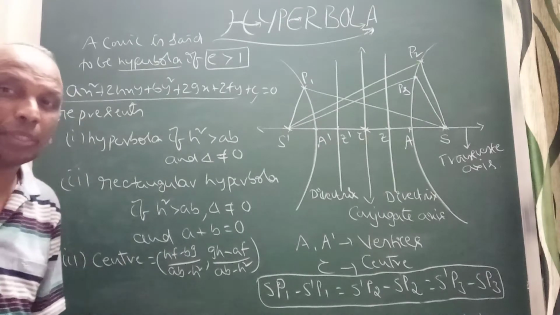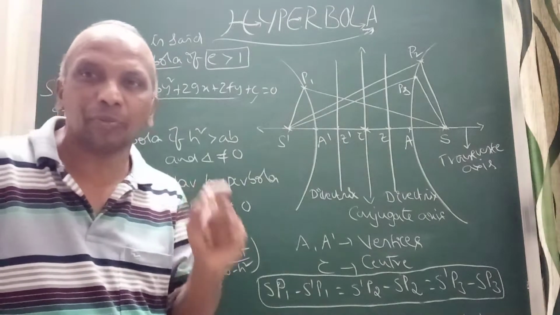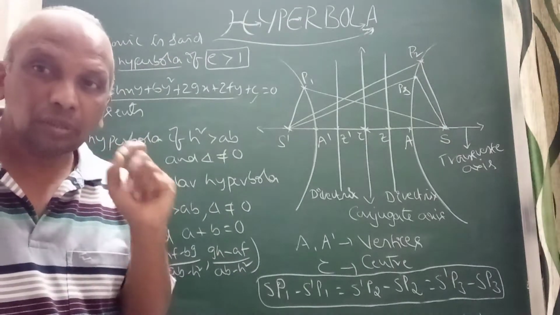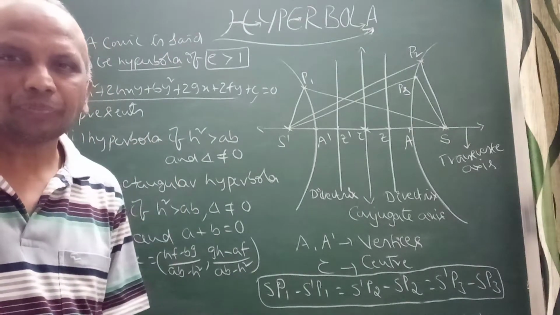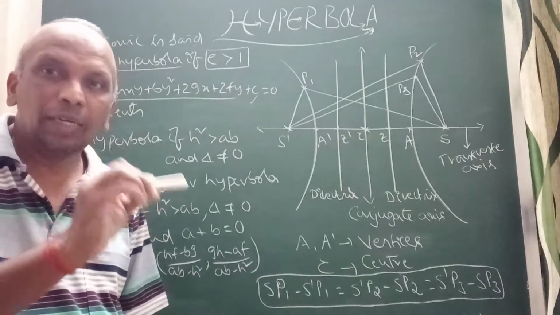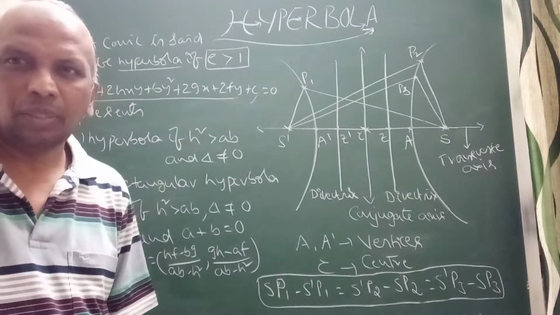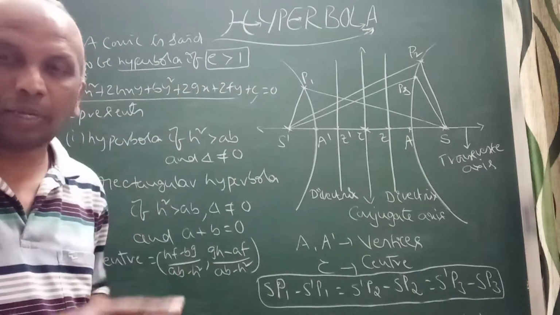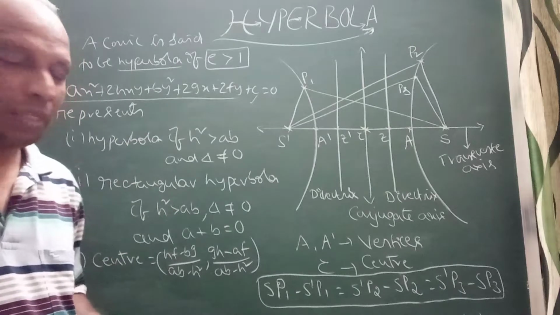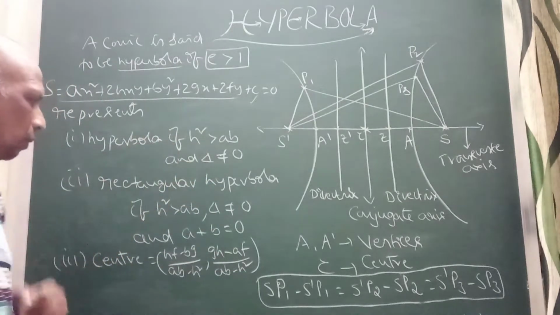Delta means abc plus 2fgh minus af square minus bg square minus ch square. You can remember that. Again, the determinant of a h g, h b f, g f c is called delta, not equal to 0.